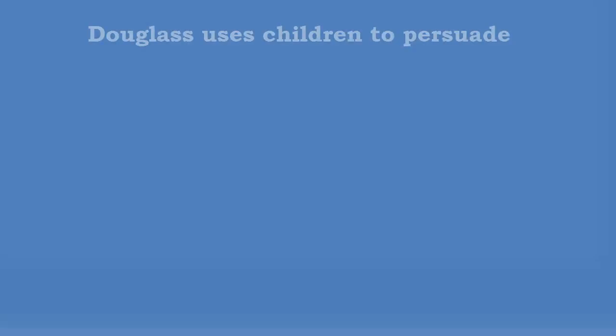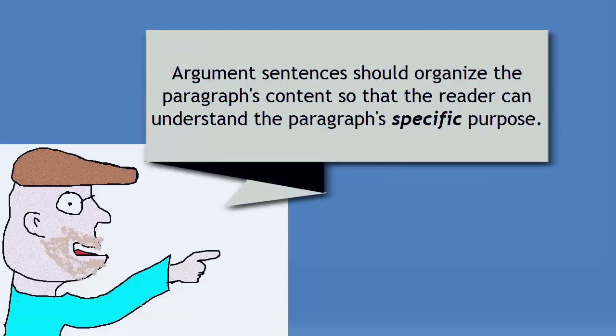If I had an argument sentence that said, Douglas uses children to persuade, I'm creating a broad claim that honestly might be more suited for a thesis statement, and even there, this argument sentence is still too vague and broad. And this is because a broad argument sentence does not do much work organizing content and creating manageable units of meaning. Units of meaning that are coherent and unified around a very specific purpose.